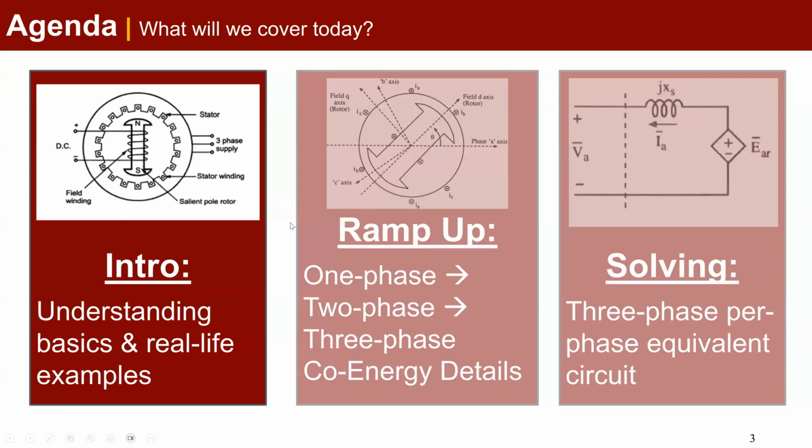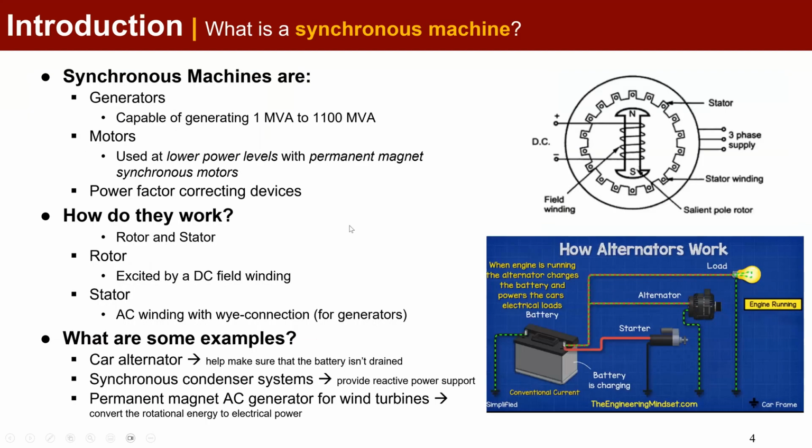So, diving into the introduction. What exactly is a synchronous machine? A synchronous machine can be either a generator, where you put in some sort of mechanical power and then you output some electrical power. Okay, right? This is our synchronous machine.